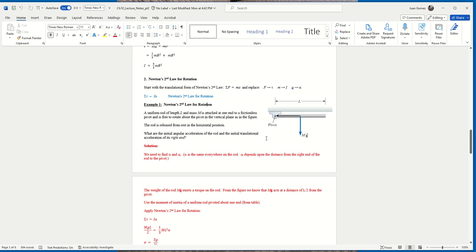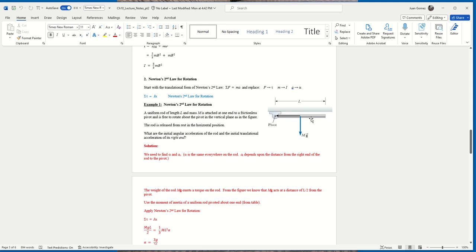Let's look at this first example. Here we have a uniform rod of length L and mass M, and at one end it's attached to a frictionless pivot. It's free to rotate about the pivot in the vertical plane.